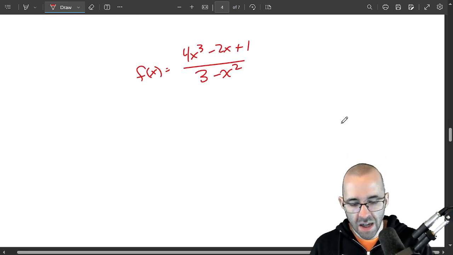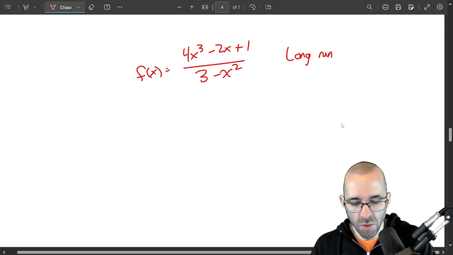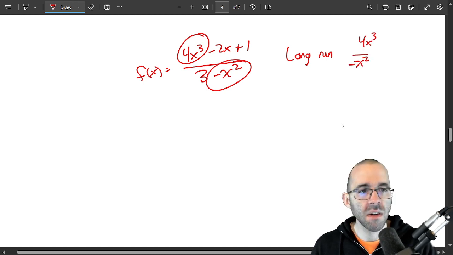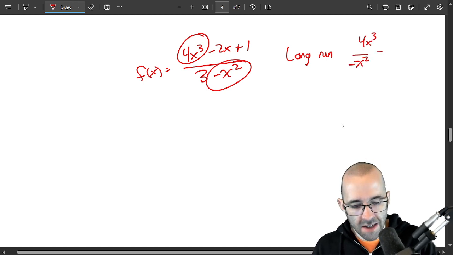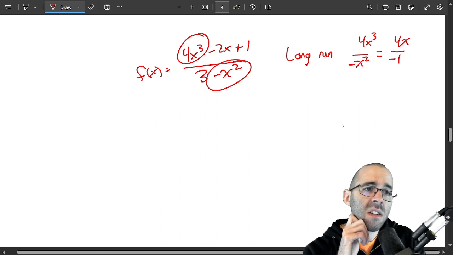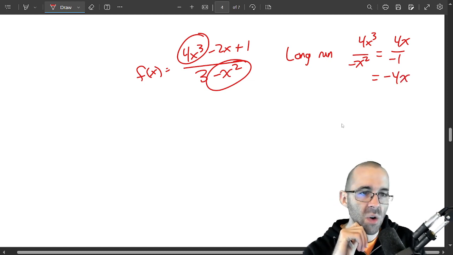So we know the long-run behavior of this is the long-run behavior of the ratio of the leading terms. 4x cubed over negative x squared. And again, as long as x is not equal to 0, this is the same thing as 4x over negative 1. What's the long-run behavior of this? Might be helpful to rewrite this as negative 4x.